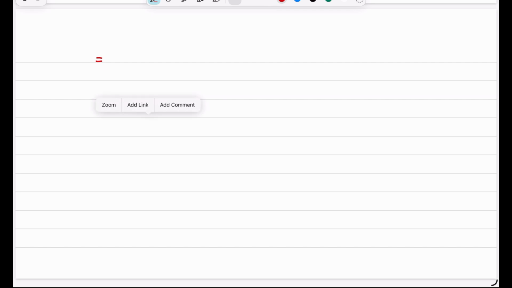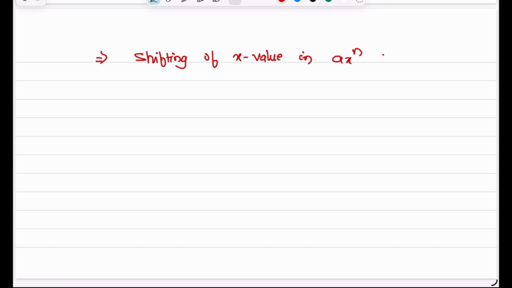That means shifting of the x value in a·xⁿ will not change the coefficient of xⁿ in a(x − p)ⁿ.